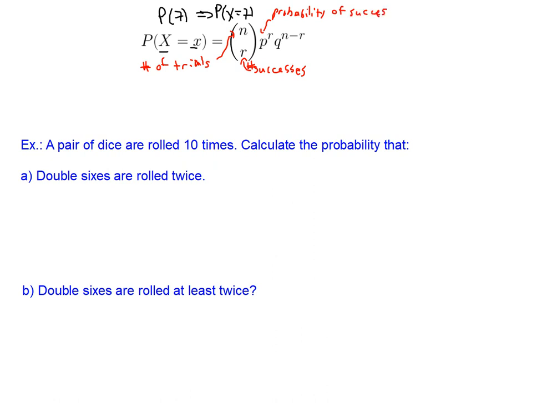And Q is the probability of failure. So in the example that we did, Q was 0.3. That was a 30% chance that the medication wasn't going to work. So this is the probability of failure.